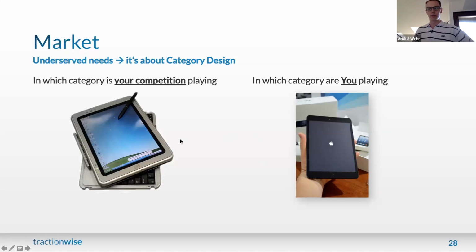There were some companies like HP and some others in the late 90s already bringing flat tablet computers onto the market. But what they did not manage was setting the right category, or designing or defining the right category for underserved needs.